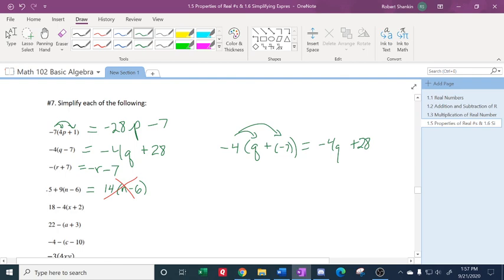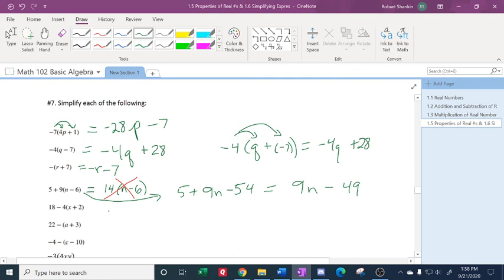That addition separates. That's one term, this is a different term. So we're going to distribute this, leave the 5 there. 9 times 6 is 54. So then this becomes 9n minus 54 plus 5, which is minus 49.